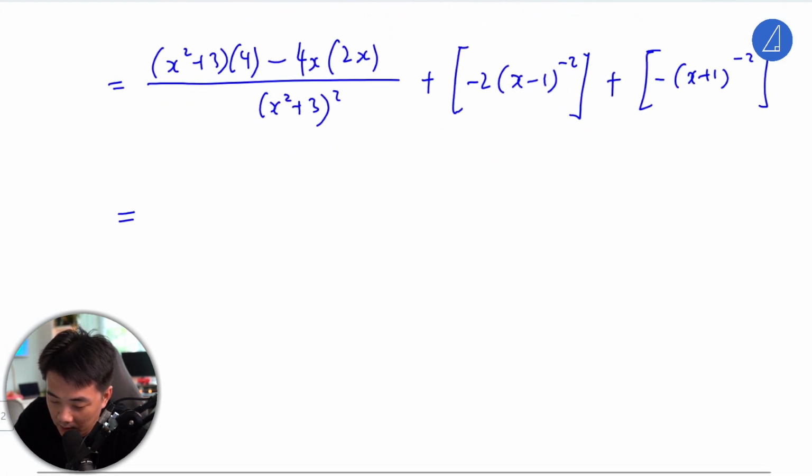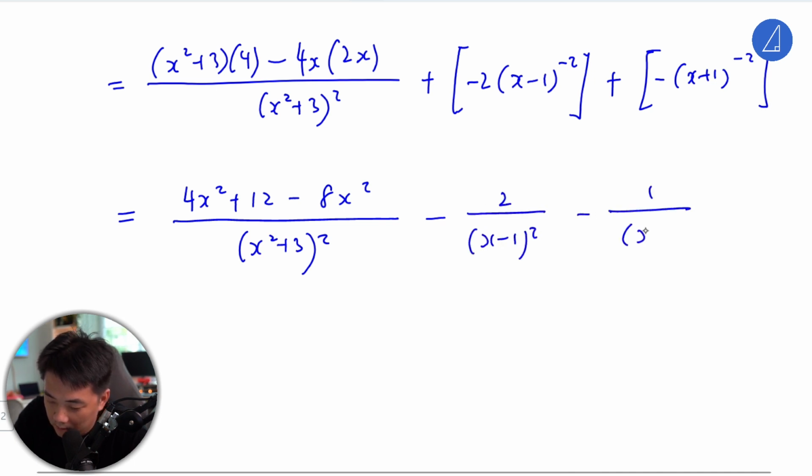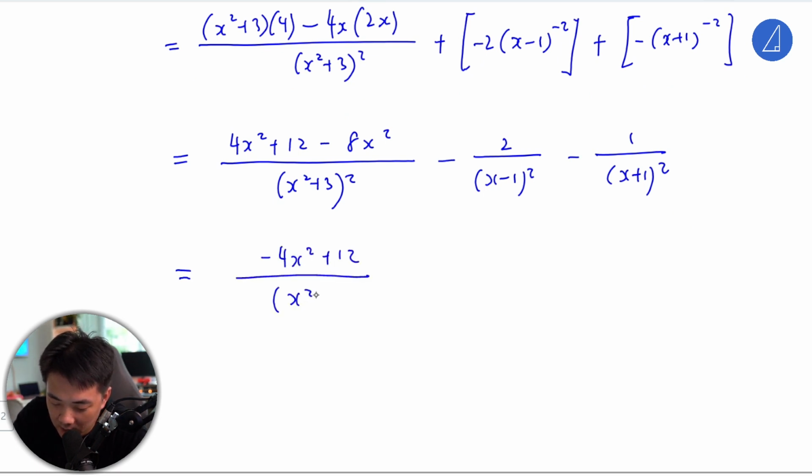So this will be 4x squared plus 12 minus 8x squared, over (x squared plus 3) squared. Then this will be minus 2 over (x minus 1) squared, minus 1 over (x plus 1) squared. Okay, great. There are a lot of things to write, so I'll just slowly write it down.